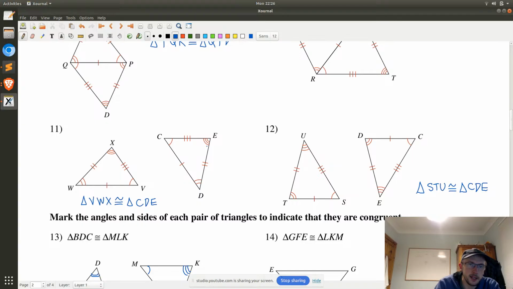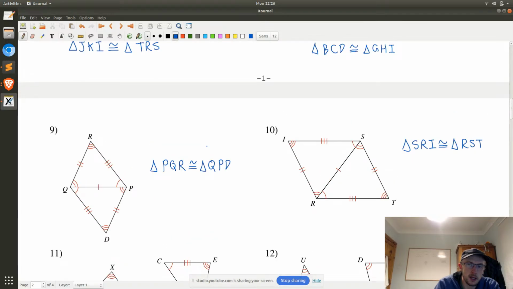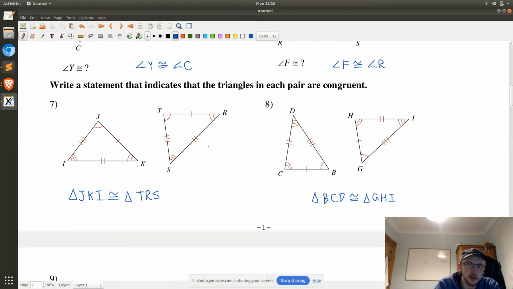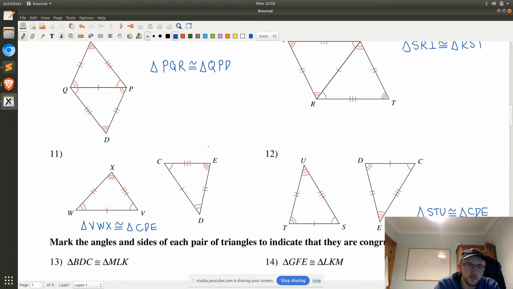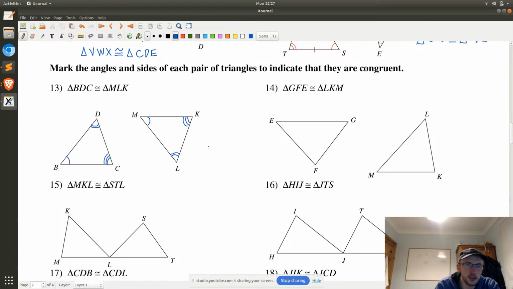I noticed that they kind of always do one mark opposite the three little tiny arcs. So adhering to that convention, I suppose it would look like this. Like that.